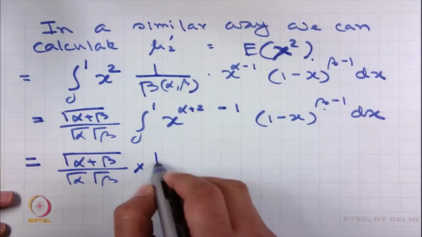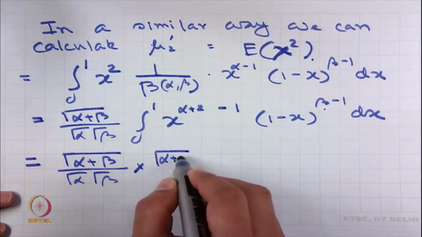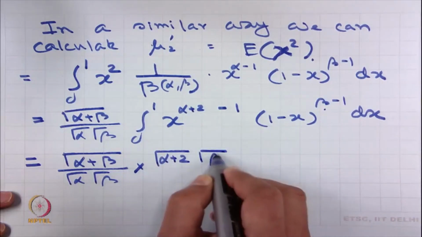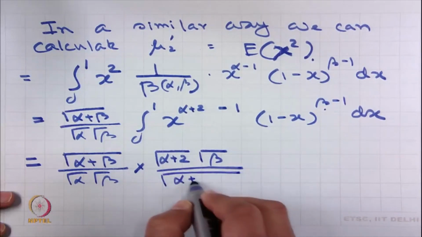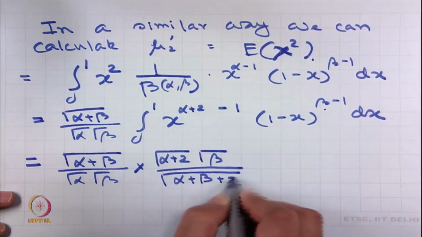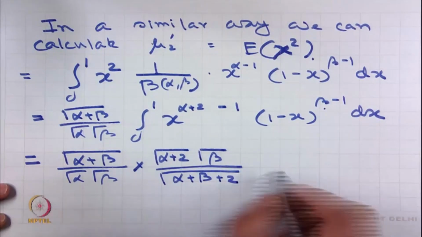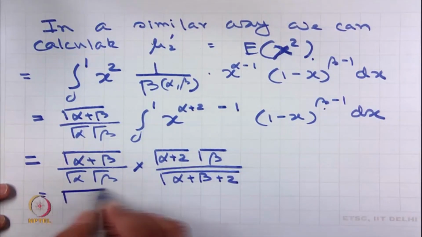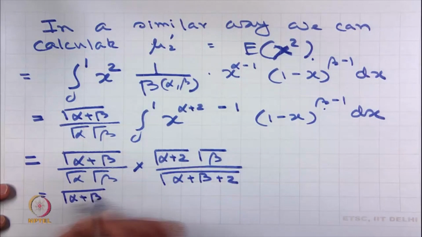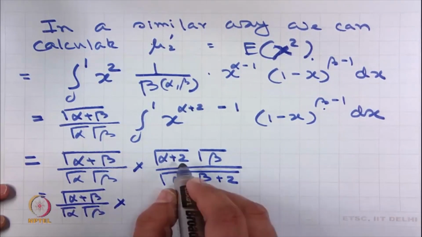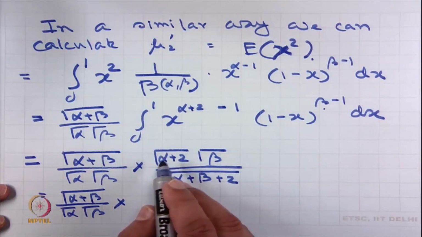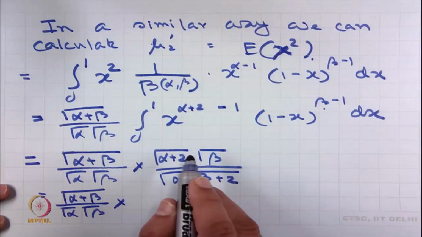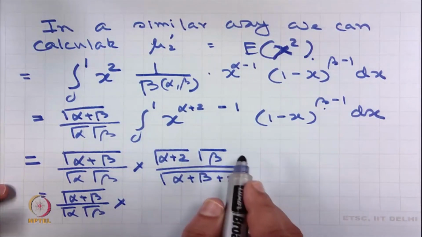So, we have gamma alpha plus 2 gamma beta upon gamma alpha plus beta plus 2, which is equal to gamma alpha plus beta upon gamma alpha gamma beta into, now gamma alpha plus 2 is equal to alpha plus 1 into gamma alpha plus 1, which again is alpha into gamma alpha.